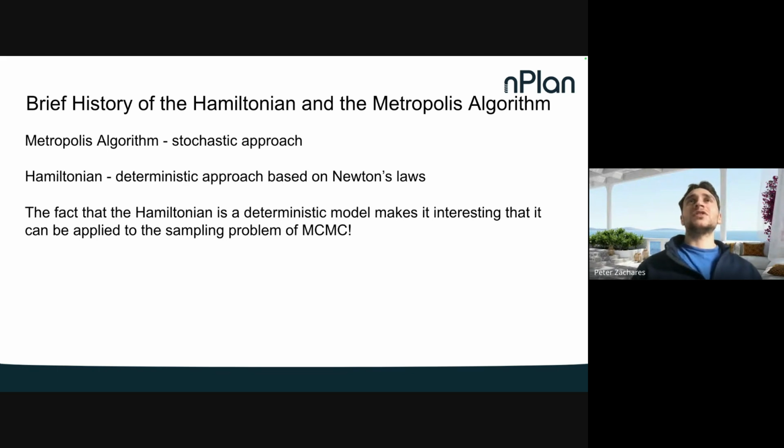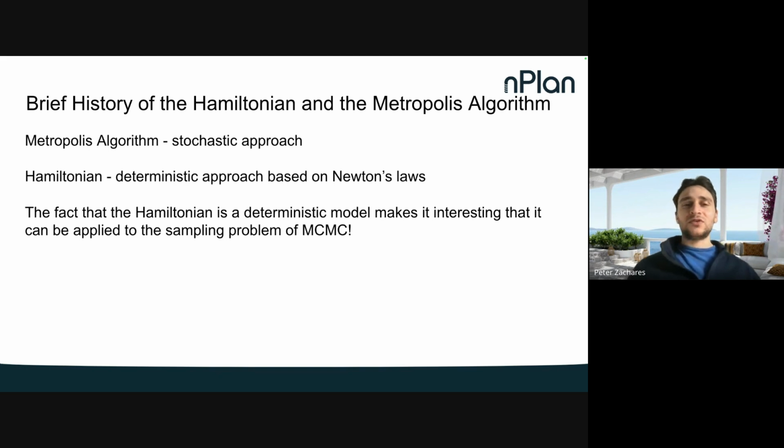I also find it interesting that the Hamiltonian is a deterministic model, but we can use it to approach this sampling problem of MCMC.